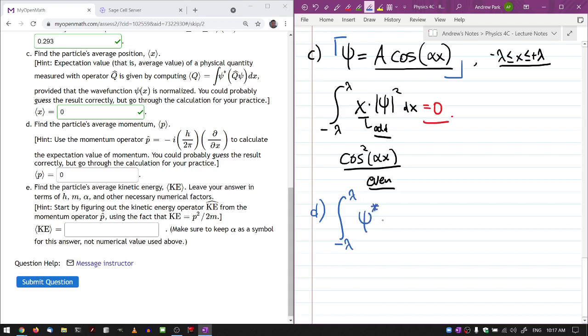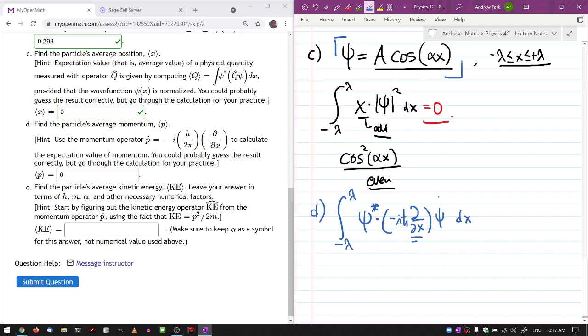So psi complex conjugate times minus i h bar, the derivative with respect to x, and it's this derivative that complicates things somewhat so that you can't just freely rearrange the terms here.